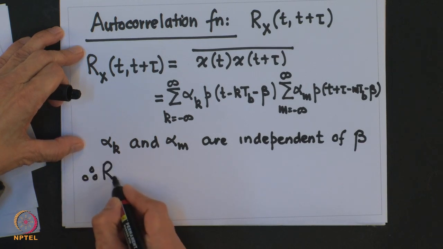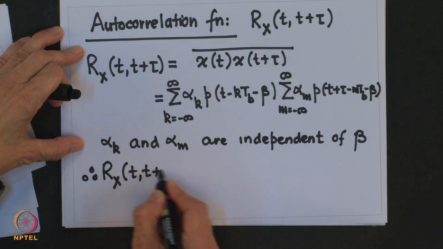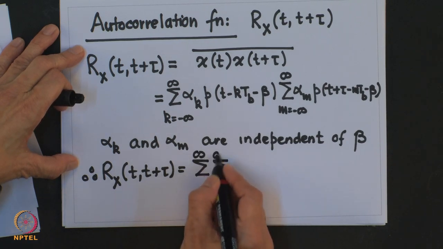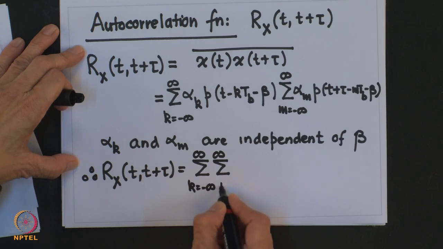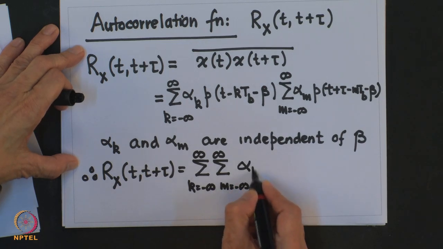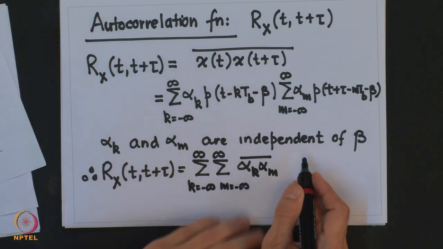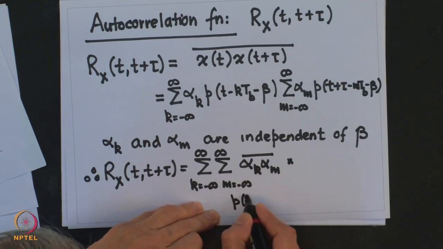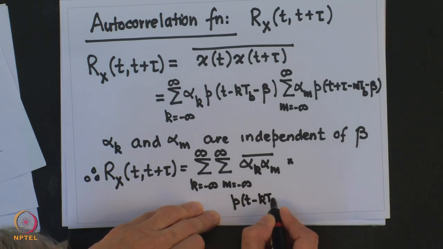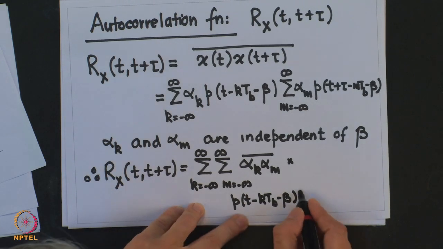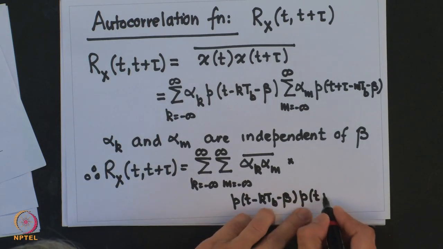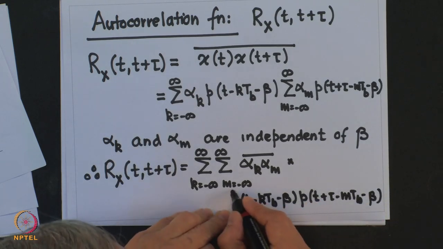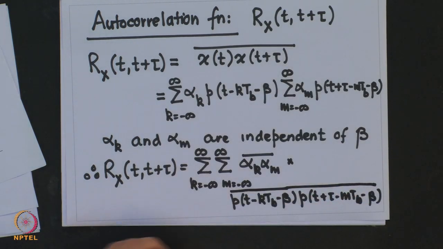Therefore, we can rewrite the above expression as follows, multiplied by, I will write the quantity below, expectation of this quantity.